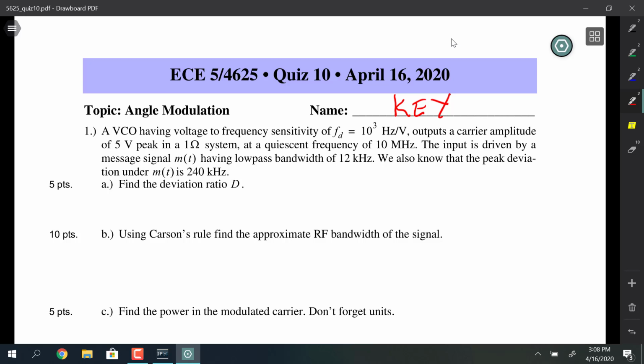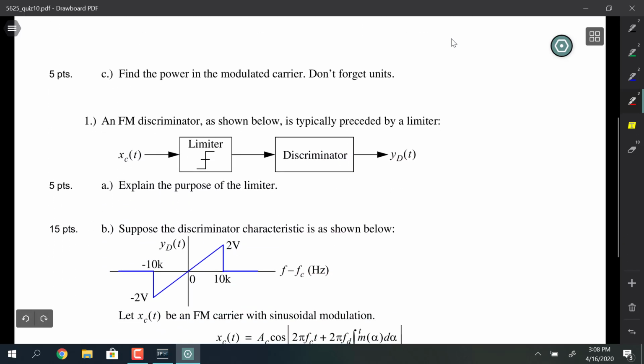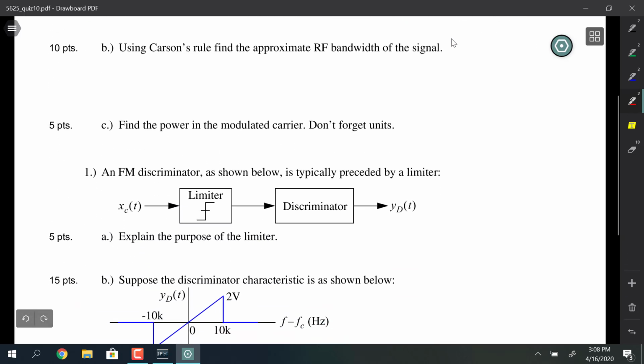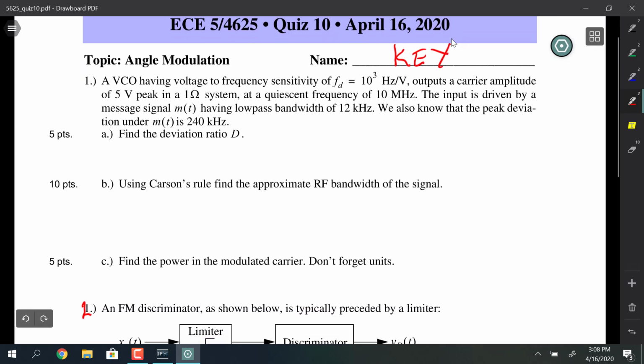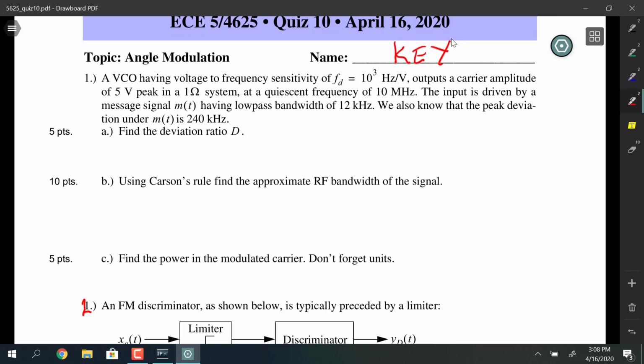Okay, so this is a combination, well, this is still transmitter stuff with bandwidth for the first problem. And I see I have a typo in here that should say 2. The second problem is a demodulator for FM. So the first problem is a modulator problem. So we have a VCO that has a modulation sensitivity of 1 kilohertz per volt.